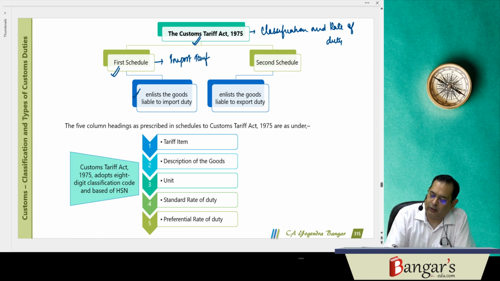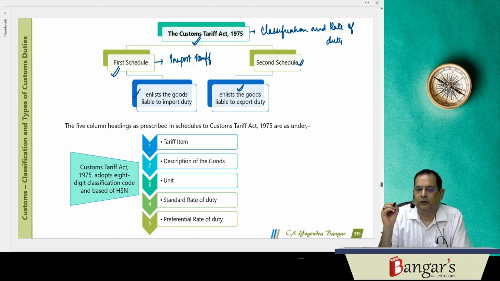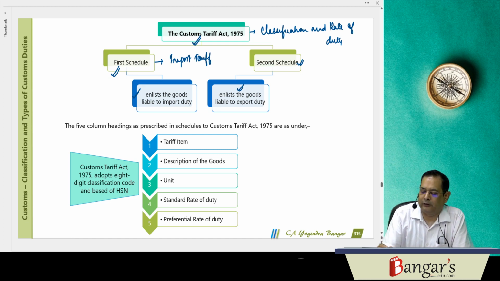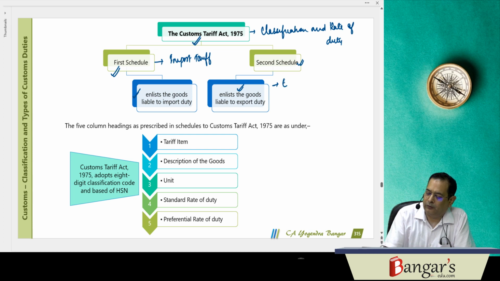Then we are having the second schedule. The second schedule enlists the goods which are chargeable to export duties of customs. That is export tariff. Now in import tariff there are 21 sections and 98 chapters.